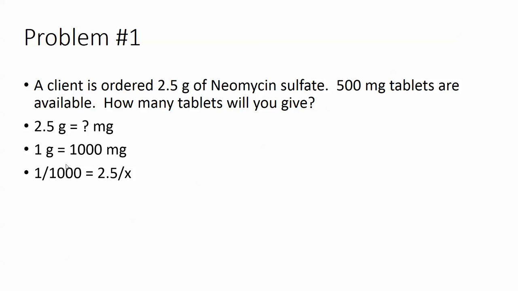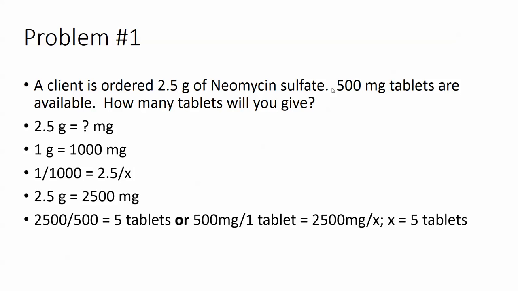So we can set up a ratio. 1 gram to 1,000 milligrams equals 2.5 grams to X. 2.5 grams equals 2,500 milligrams. Again, the other way you can do that is multiply the number of grams times 1,000, so 2.5 times 1,000.